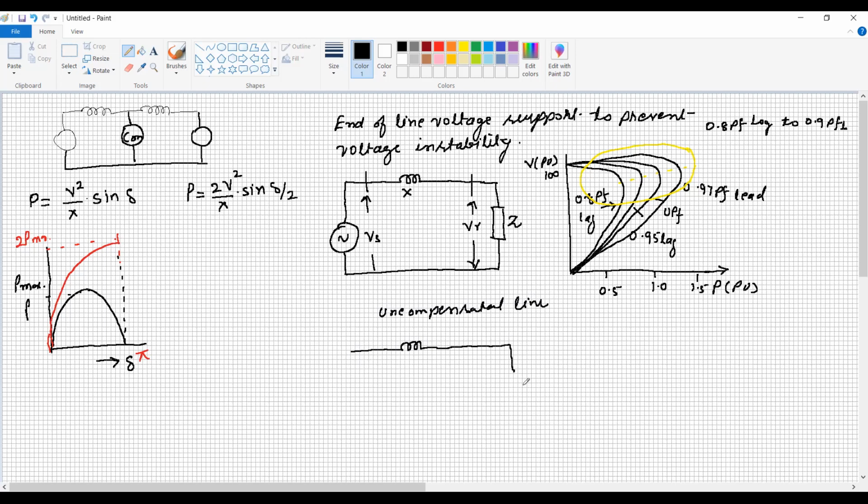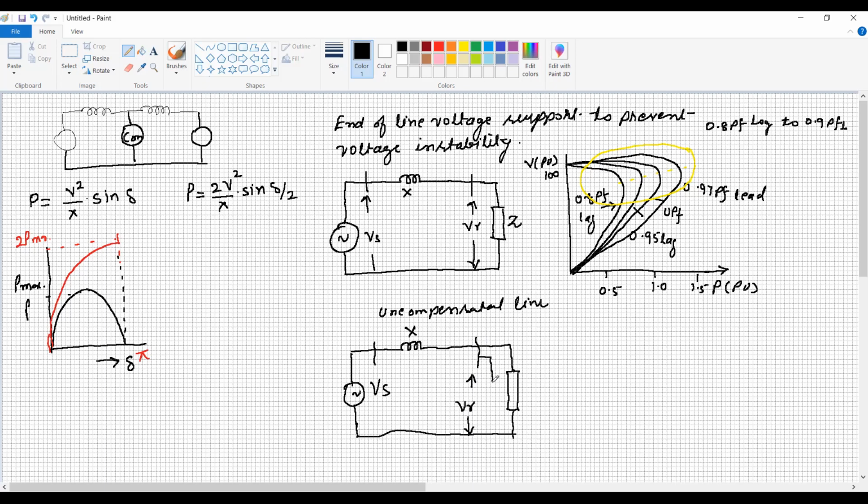At the receiving end, the load is connected. This is the source voltage Vs as it is, and the reactance is X. Here at the bus, this is your receiving bus, the voltage is Vr as it is.